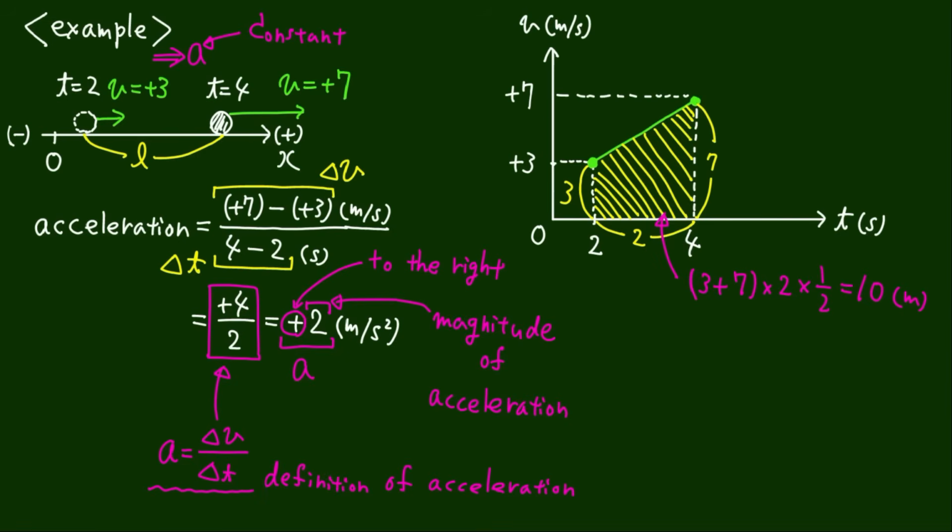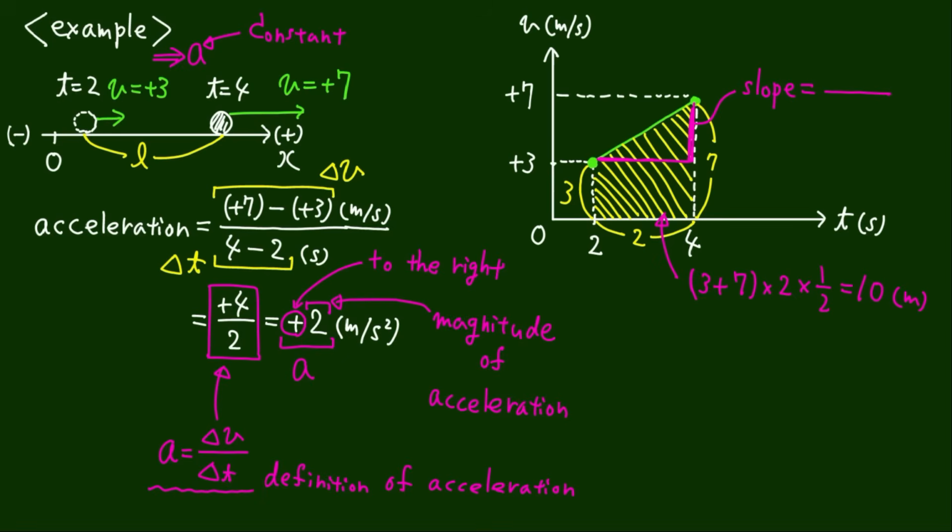Now actually this VT graph contains another very important piece of information. That is, in this uniformly accelerated linear motion graph, the line slopes upward to the right with a constant slope. Let us calculate this slope. The change in time is 4 minus 2, which is 2 seconds.